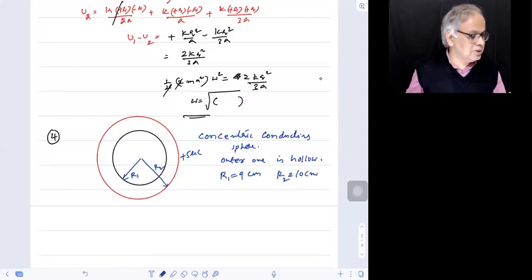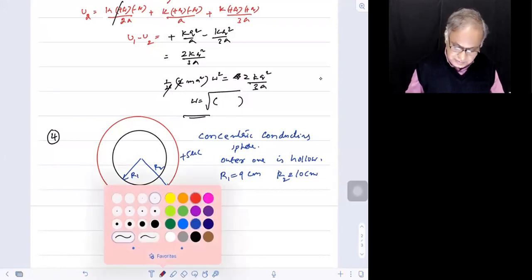I did not see the numbers. That's the inner radius, total charge. The inner radius is R1, outer is R2 for the shell, children. I'll put one more thing here.